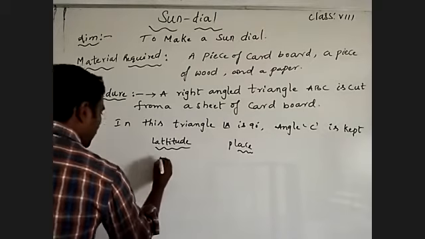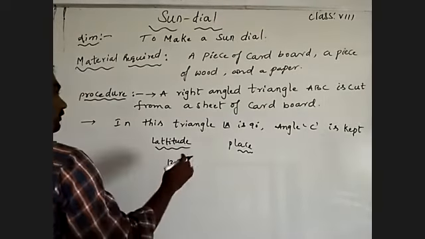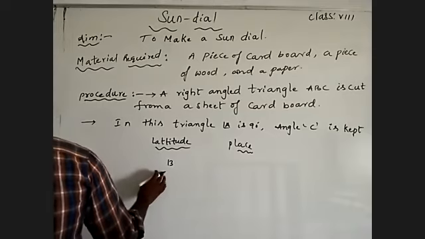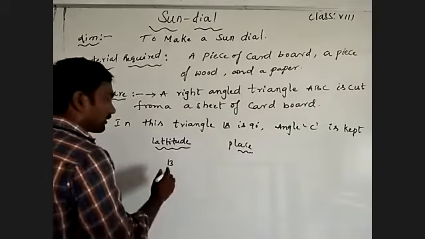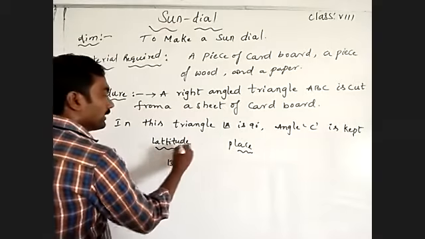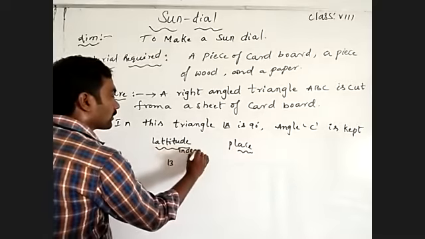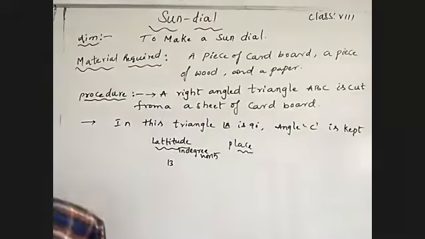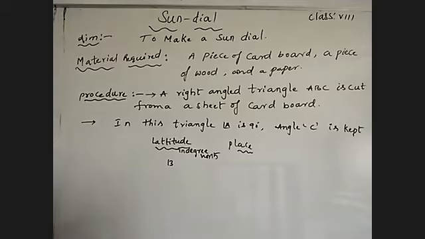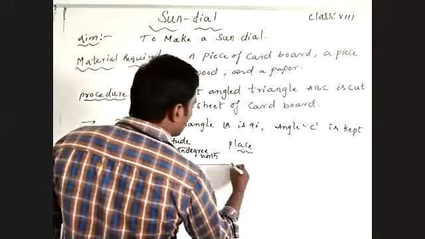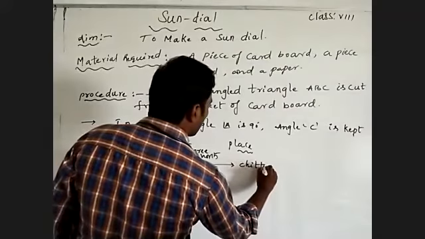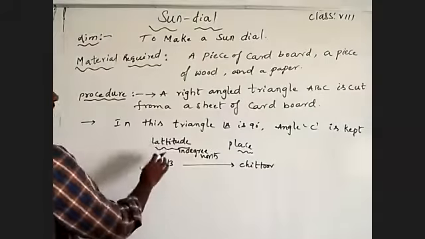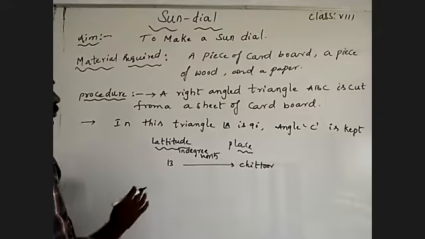The latitude of Chittoor is located at 13 degrees north. Is it visible to you? Latitude in degree north.